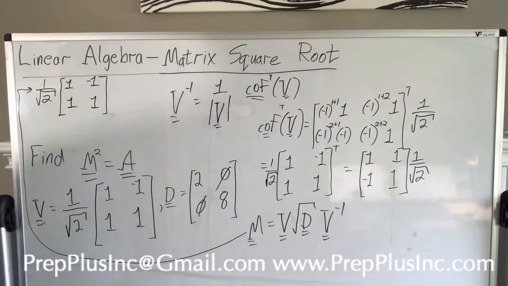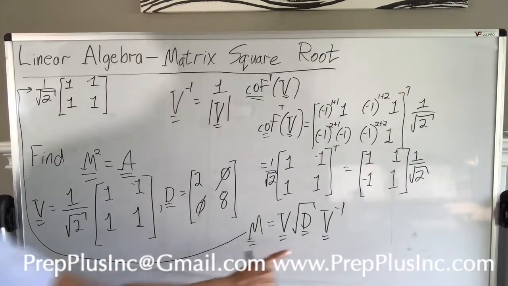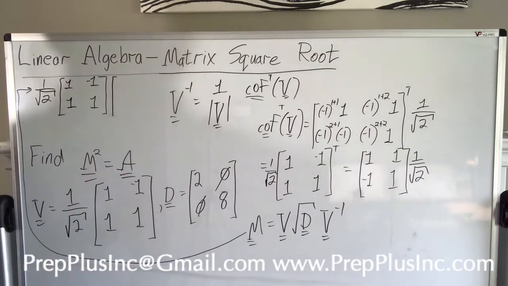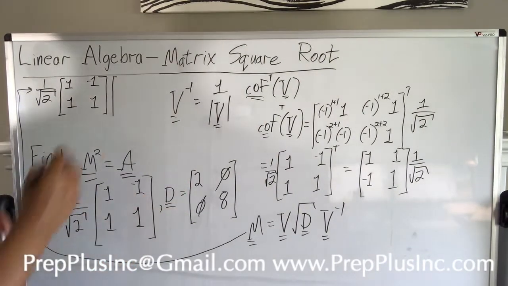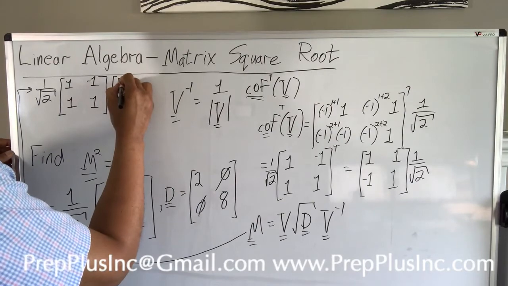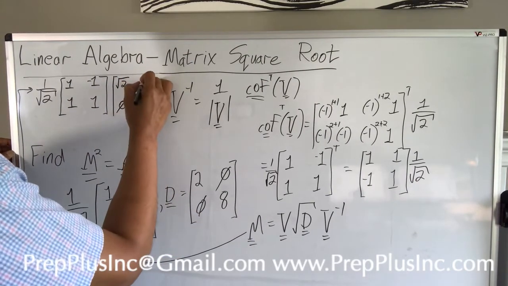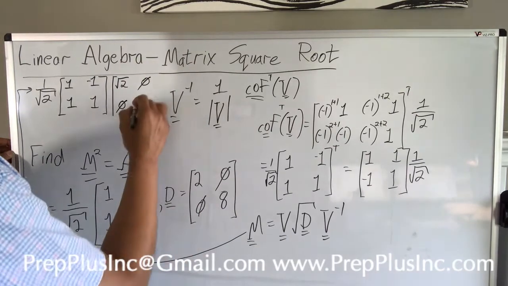And the square root of the D matrix is square root of 2, 0, 0, square root of 8.